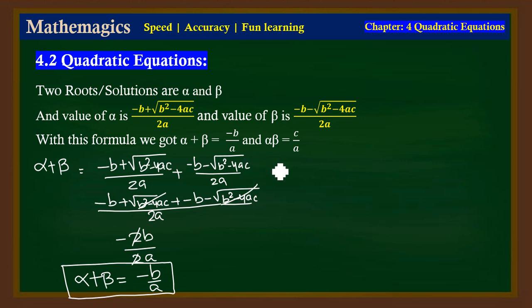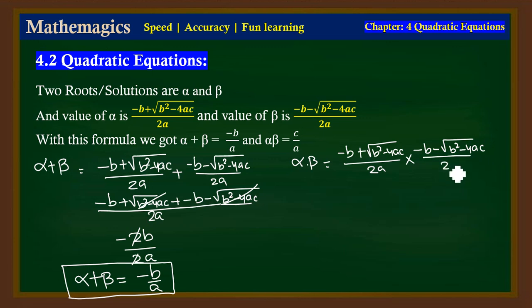Now the second part is alpha into beta, which we are going to check. Let us put the values: minus b plus under root of b square minus 4ac divided by 2a, multiplied by minus b minus under root of b square minus 4ac divided by 2a. If we multiply this, 2 into 2 becomes 4, and a into a becomes a square.